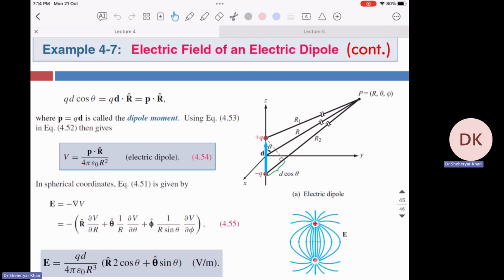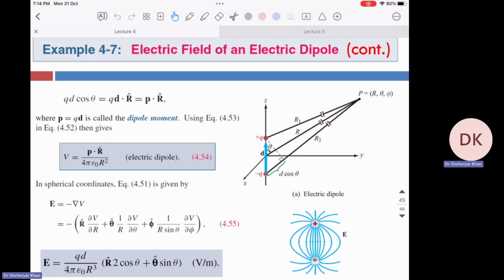In that case, you would see that the electric field would follow the same pattern. In the later part, we will discuss more about these patterns, but I can show you some patterns. So let's see the pictures.